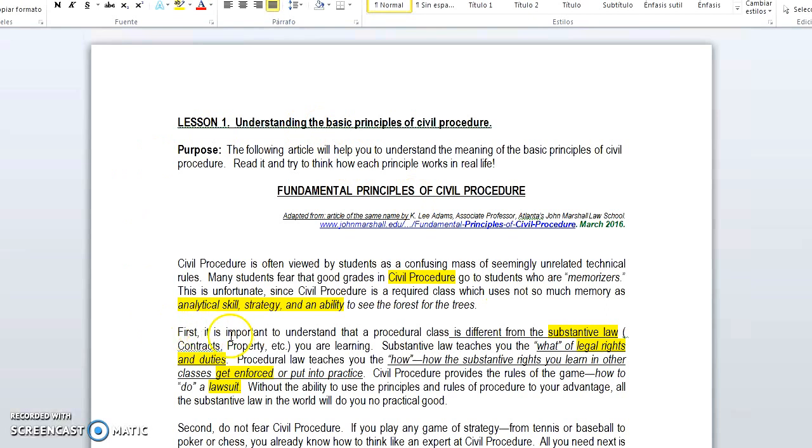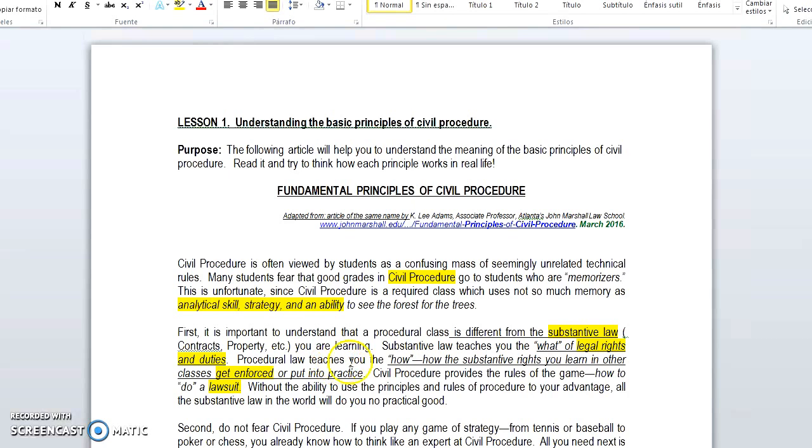First, it is important to understand that procedural class is different from the substantive law, contracts, property you are learning. Substantive law teaches you the what of legal rights and duties.